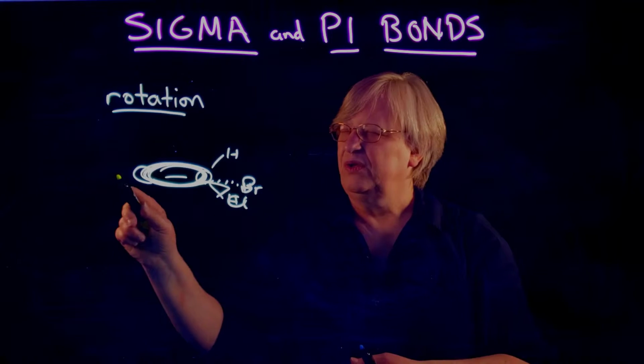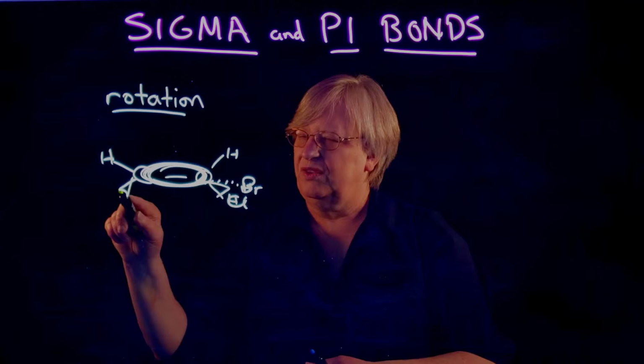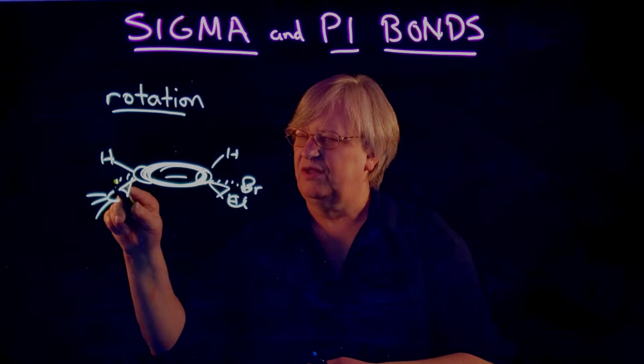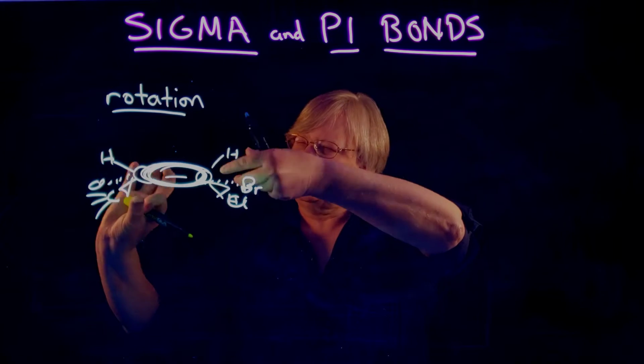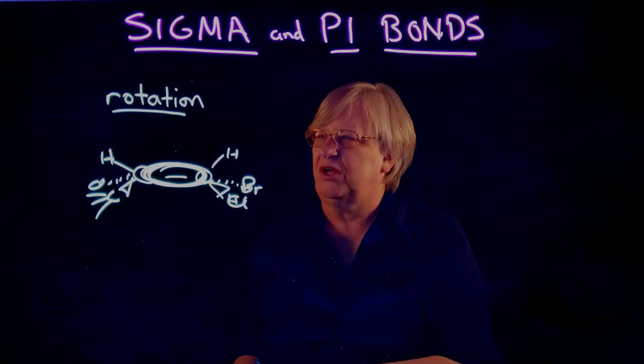And then you have three things on this side. We don't know what they are. Maybe this is a carbon and it has more things attached to it. And then we have another thing over here, maybe a chlorine or who knows what. But these things on this end can twirl. There's rotation around a single bond.